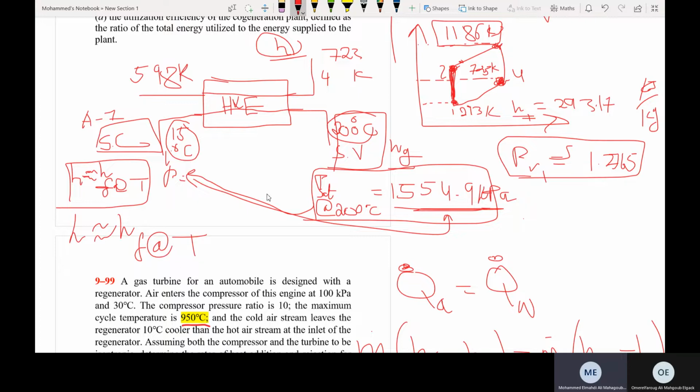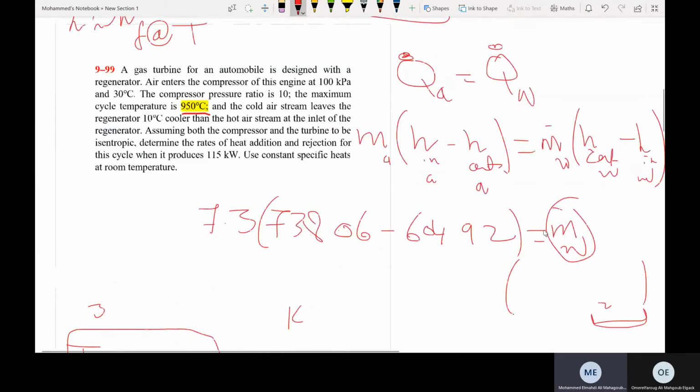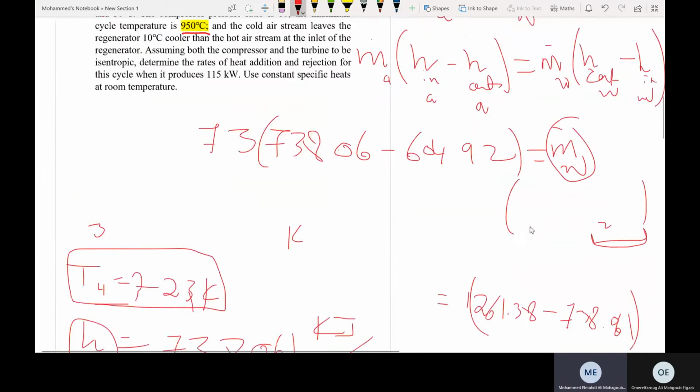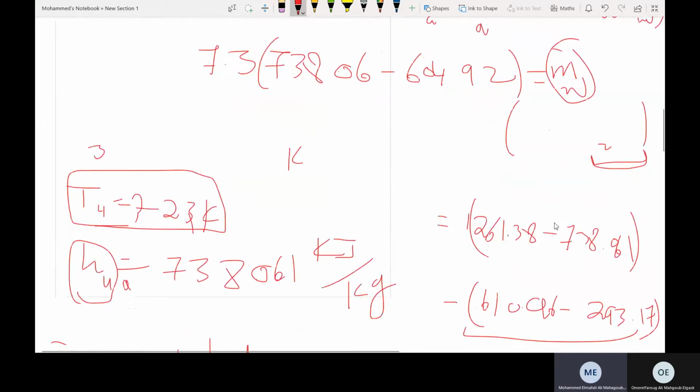It's at temperature. So I got these values from the water tables, which were 2,792 minus 62.98. So the mass flow rate of water obviously is going to be much less than the mass flow rate of air, because the difference in enthalpy here is very huge.